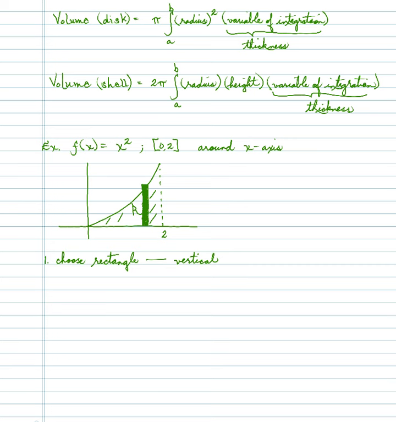Now that you have your rectangle, you have to do some visualization. Again, we're revolving this around the x-axis. Take your pencil: place your hand in a horizontal fashion and place your pencil in a vertical fashion.